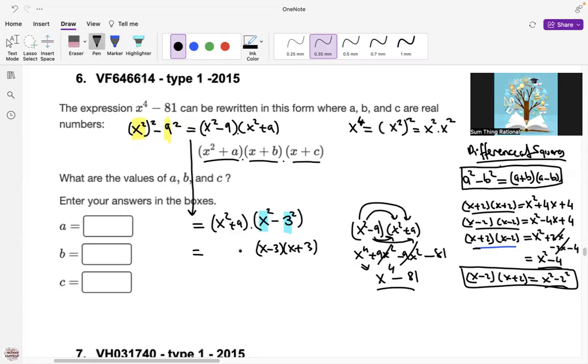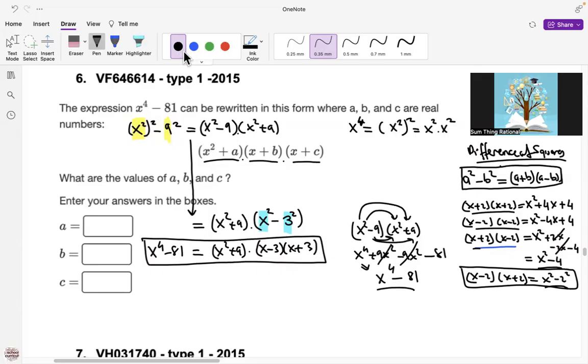Okay? So the first one remains the same as x squared plus 9. Now, x to the power 4 minus 81 is written in this format. Okay? So it means that x to the power 4 minus 81 has three factors, which are x minus 3, x plus 3, and x squared plus 9.